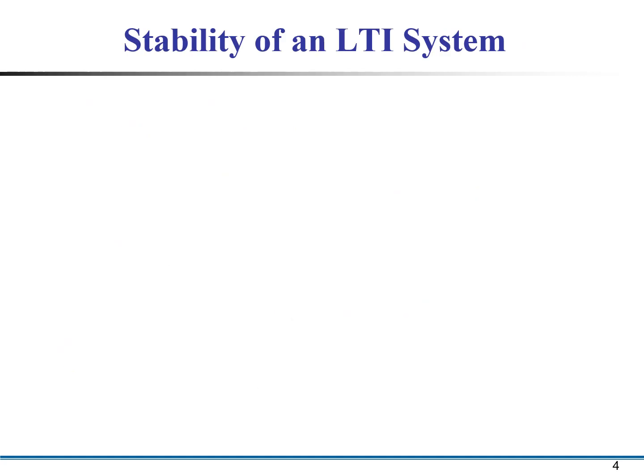So now we will be discussing the stability of the linear time invariant system. What is a linear time invariant system? LTI, linear time invariant. When we say invariant, we mean the characteristics of the system are not changing with time.